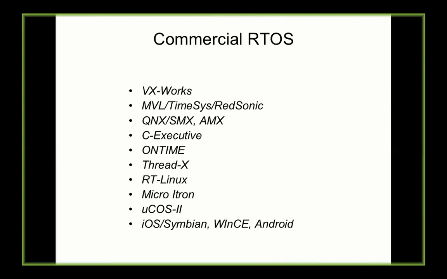MicroITRON, uC/OS 2 and 3. Did I mention pSOS, by the way? Hey, pSOS was a classic. Anyway, it's been killed by VxWorks, so you can think like that. iOS, Symbian, WinCE, Android, mobile-based operating systems. All of them are commercially available real-time operating systems.